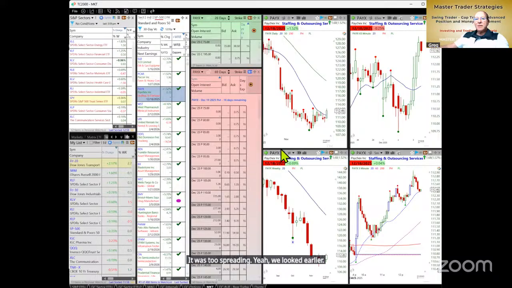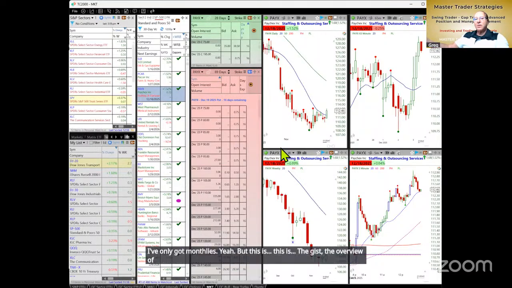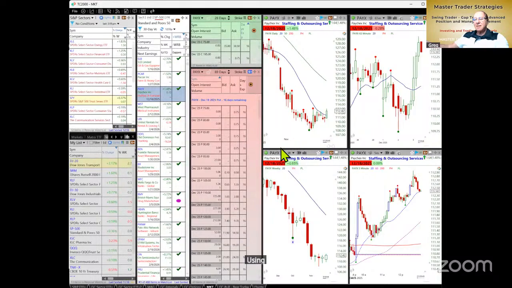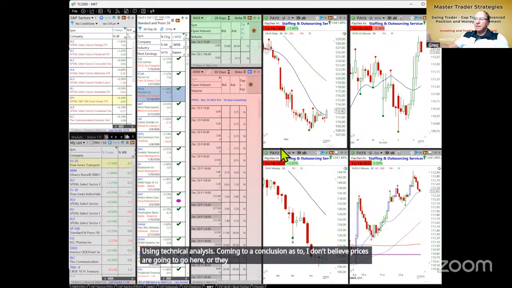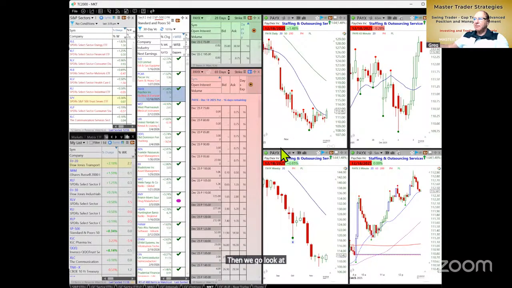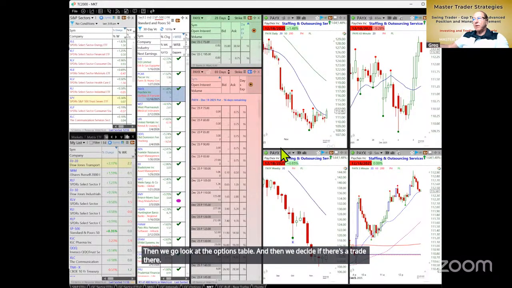But this is the gist, the overview of credit spreads and how we do it using technical analysis, coming to a conclusion as to I don't believe prices are going to go here or they're going to go there. Then we go look at the options table, and then we decide if there's a trade there. And this is what we do every day.